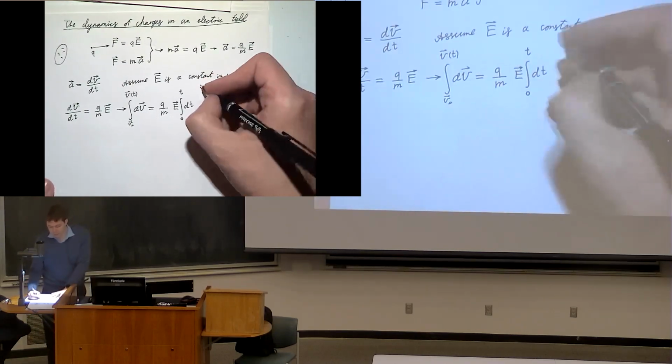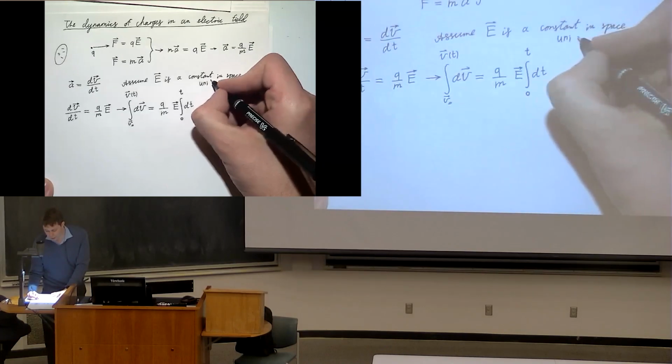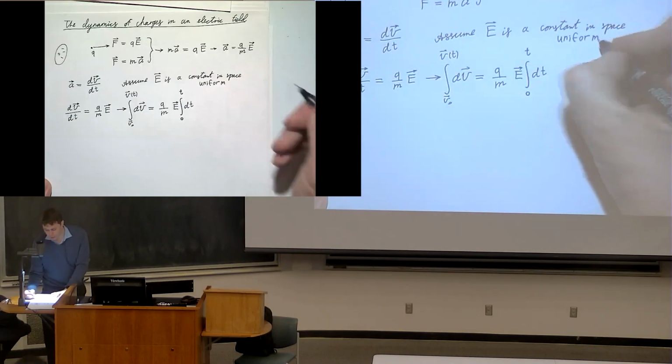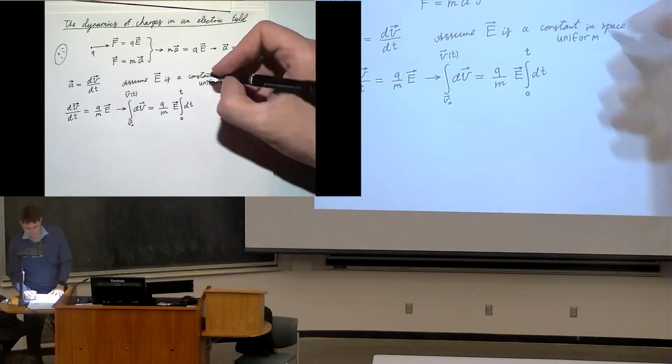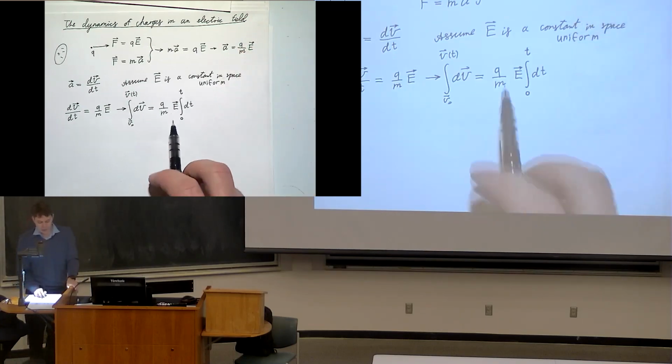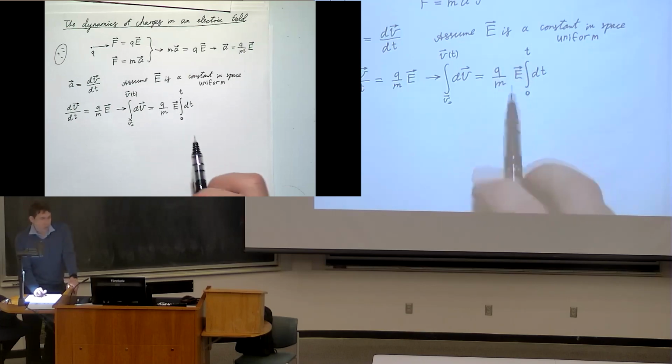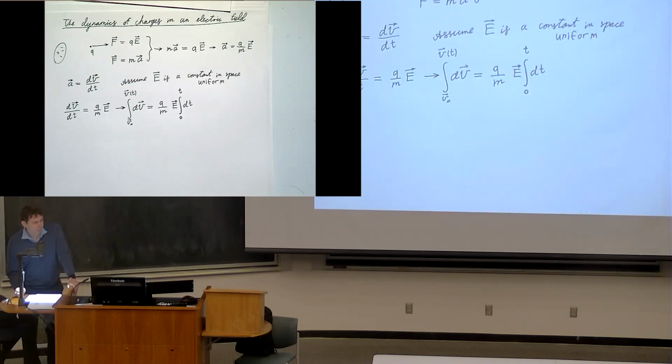So yes, that applies to a uniform field. A uniform field is a field that's constant in space, and if it is constant, then we can put it outside of the integral. I just forgot to mention it at first.